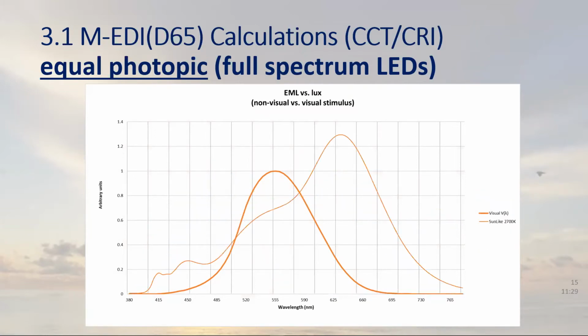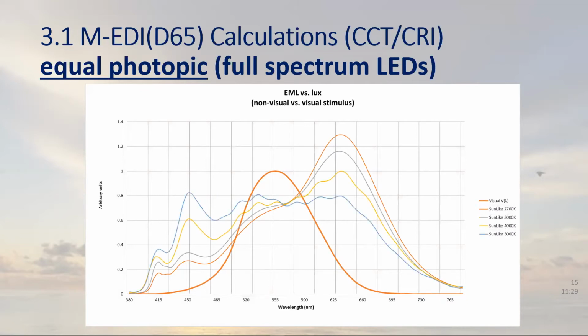So if we plot one by one, this is what happens with each of them. So this is the plotting of the SPDs of these light sources for an equal photopic condition.